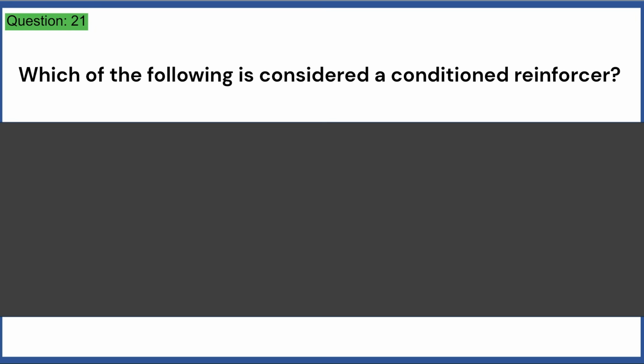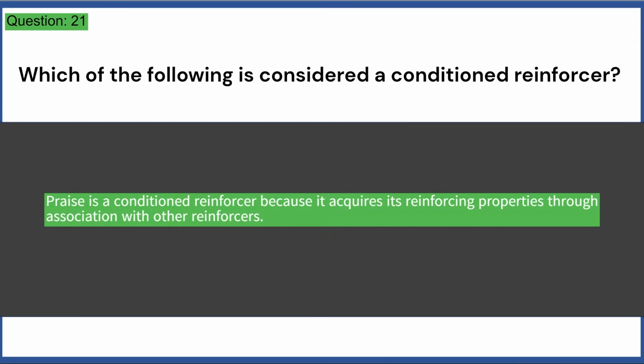Which of the following is considered a conditioned reinforcer? A. Food. B. Water. C. Praise. D. Sleep. Answer, C. Praise is a conditioned reinforcer because it acquires its reinforcing properties through association with other reinforcers.